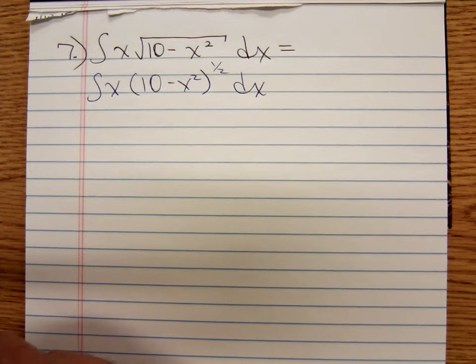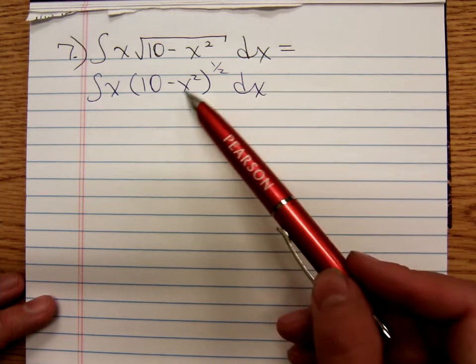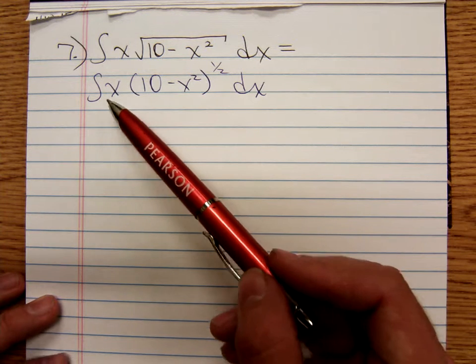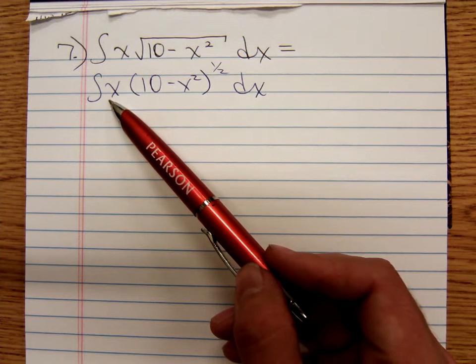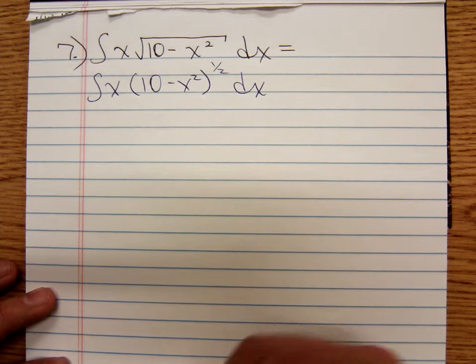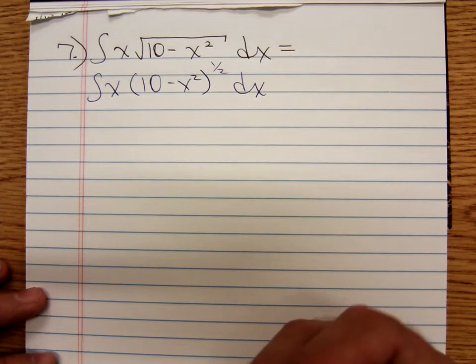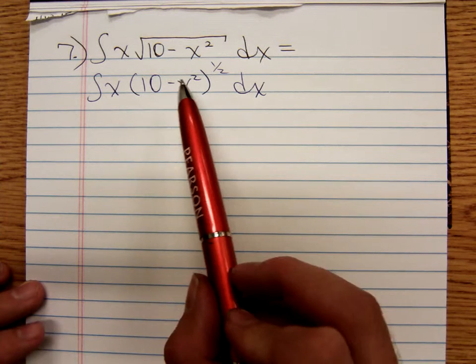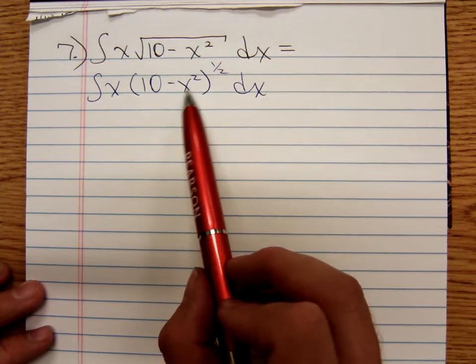I'm saying try letting u equal the quantity that's being raised to the power. And the quantity that's being raised to the power here is just an x. If you try letting u equal x, you'll accomplish nothing than just change every x to a u, which won't help you, okay? So let u equal the quantity being raised to a power.